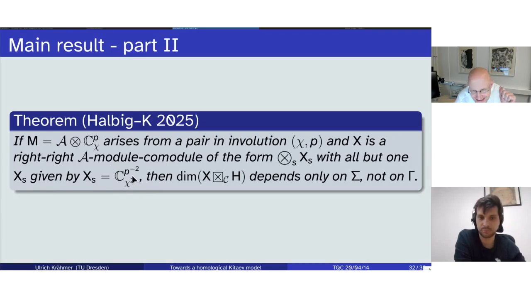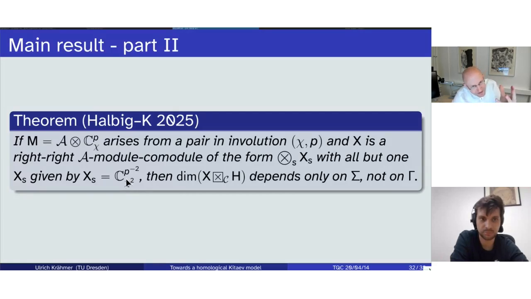You take that pair in involution, you manufacture from it something which you might at first think is just the square of that anti-Yetter-Drinfeld module, but it's not. There's an inversion going on up here. So you take this one-dimensional right module, right comodule, and attach it to every vertex but one. So there's a distinguished vertex that you pick. And at that distinguished vertex, you can put anything you like.